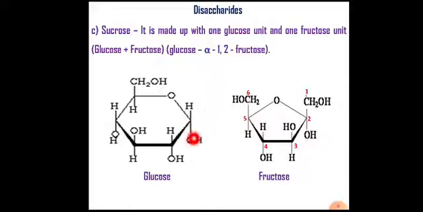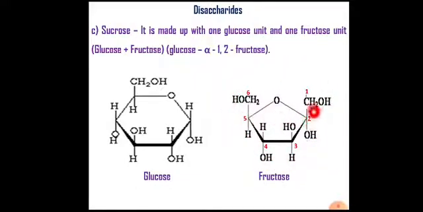So here this OH is going to react with this OH, which is around carbon number 2. So you need to remember this OH and this OH. So we need to take a mirror image of this structure of fructose.